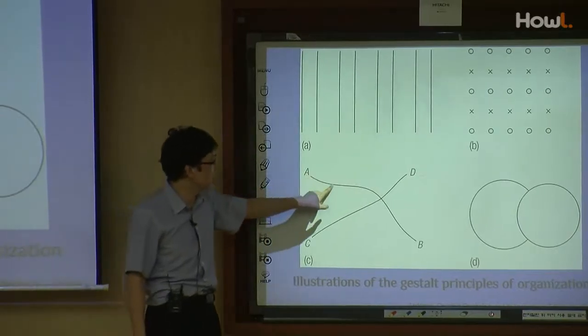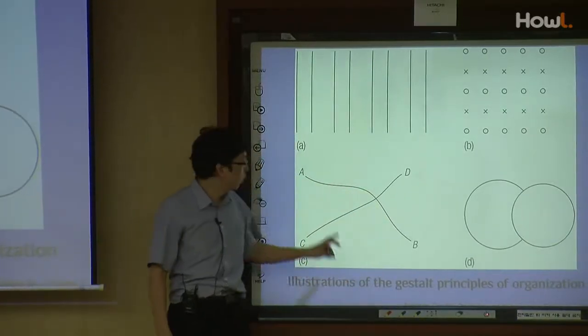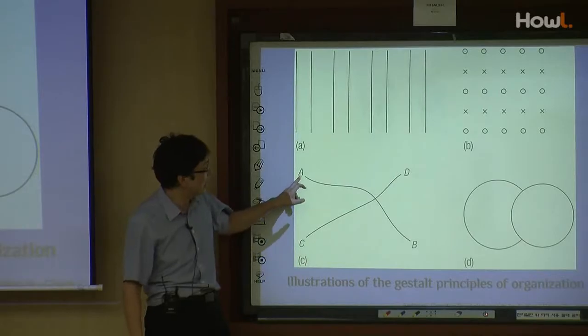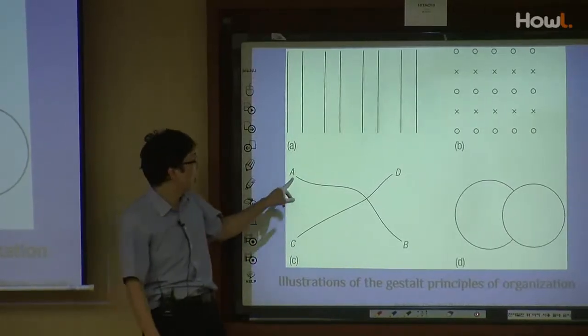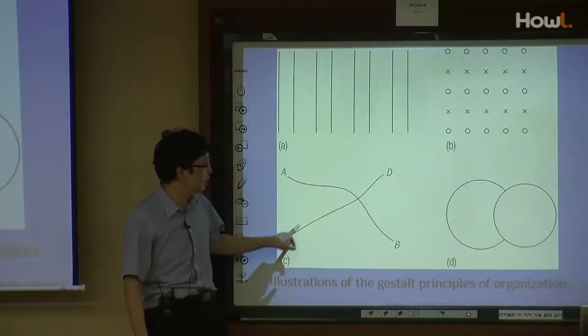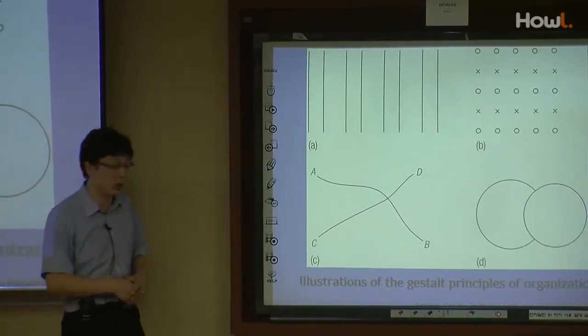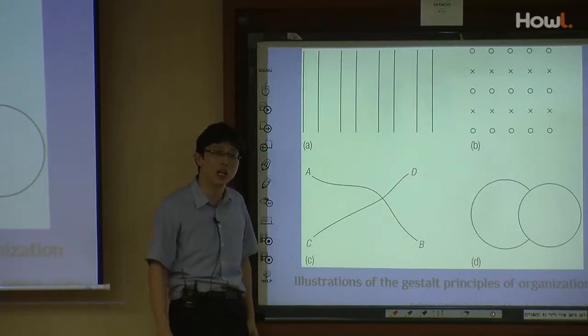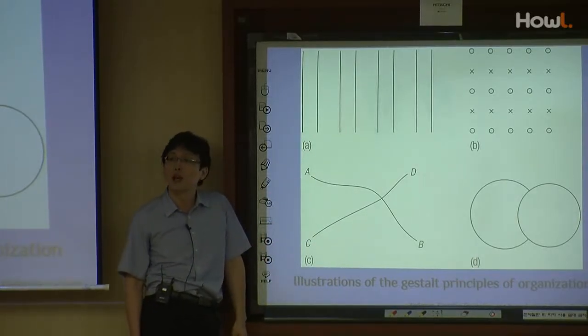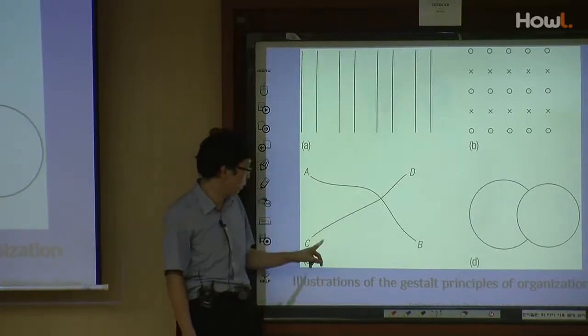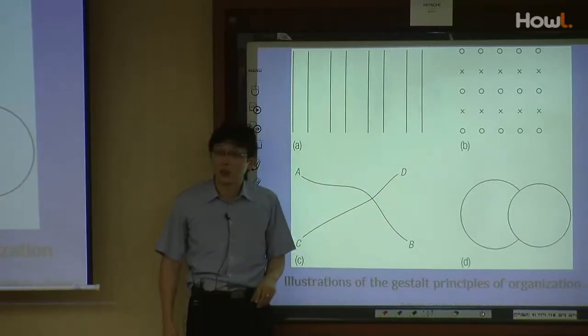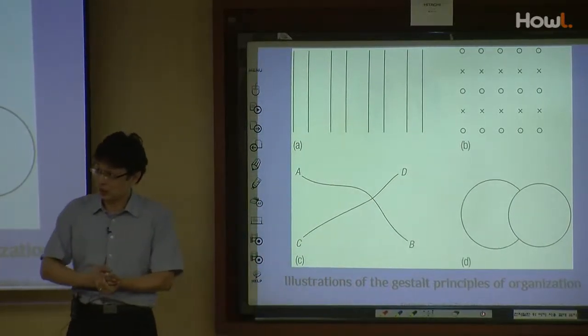This one is continuation, right? Everyone will say this is 2 lines, line A and B, line C and D. Instinctively we recognize this object as 2 lines, A, B, C, D, rather than A, O, C, B, O, D. It is awkward, right?